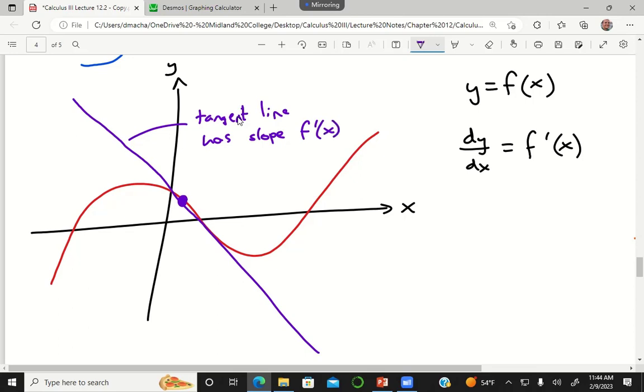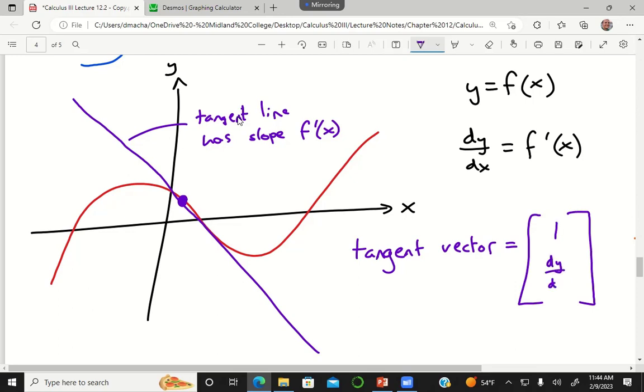If instead of a tangent line, you wanted to get a tangent vector, all you would have to do is write for the x component 1, and then for the y component dy/dx. Because whenever we talk about the slope of lines in algebra, we tell students the slope of a line is just the rise over the run.